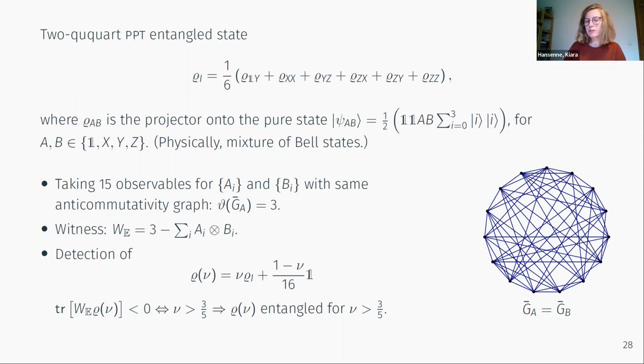Yes, so we checked several states and we usually get very good results, but you then need to take some sets of observables that are very well tailored to the state you're trying to detect. No, I see. But yes, we have a few examples where we actually found the whole range.